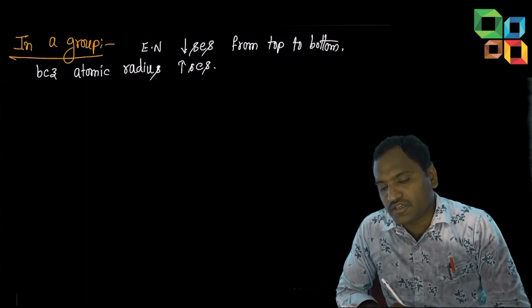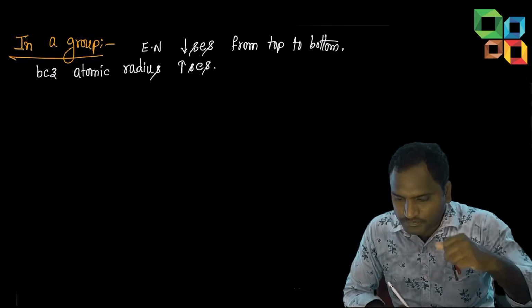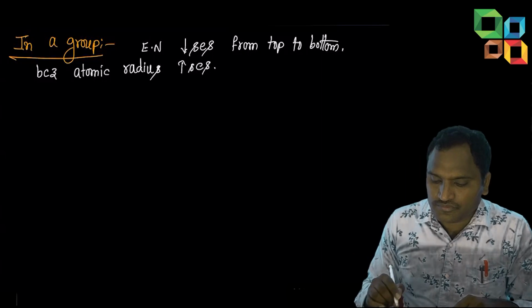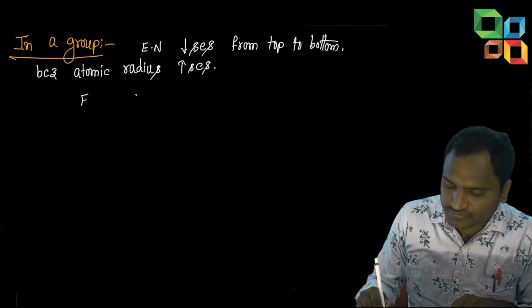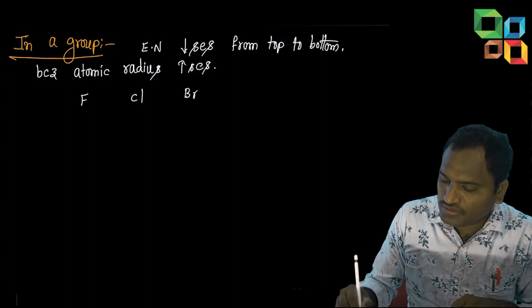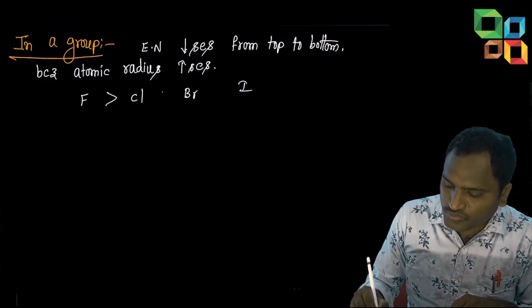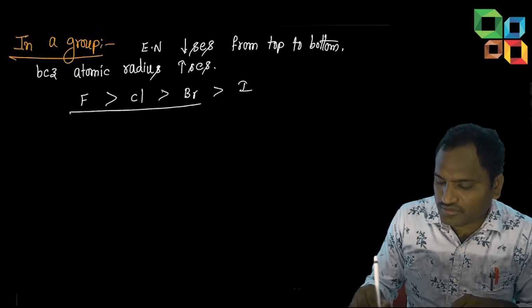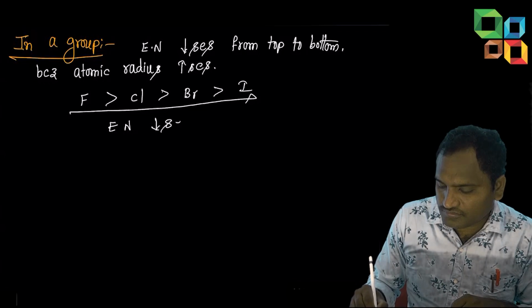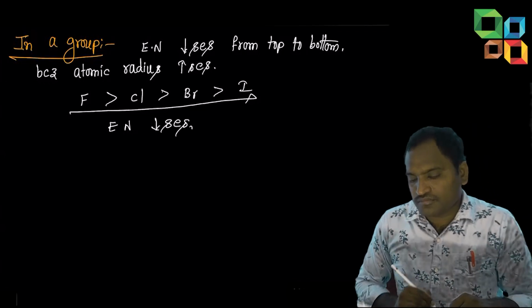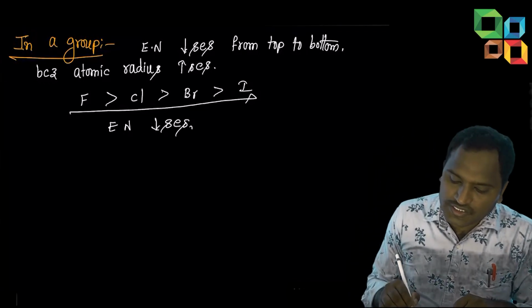Atomic radius increases. So if you take chlorine, bromine, iodine, chlorine is more electronegative than all. Electronegativity decreases.